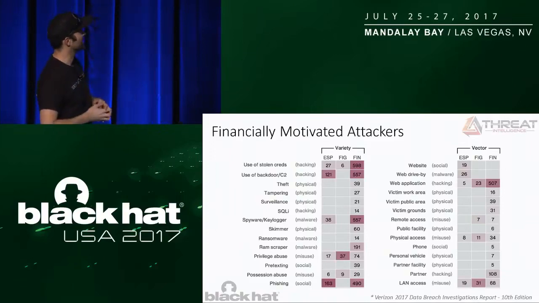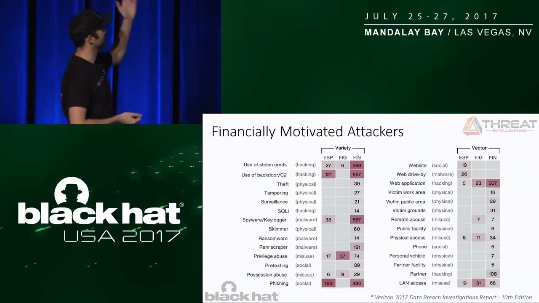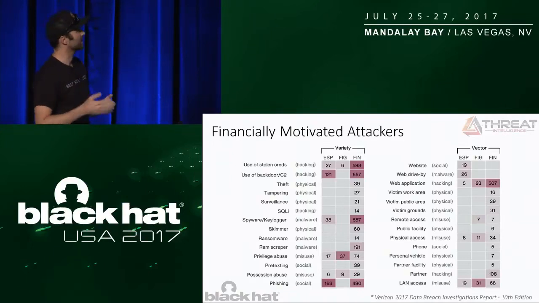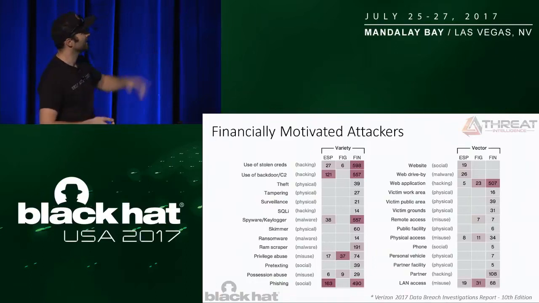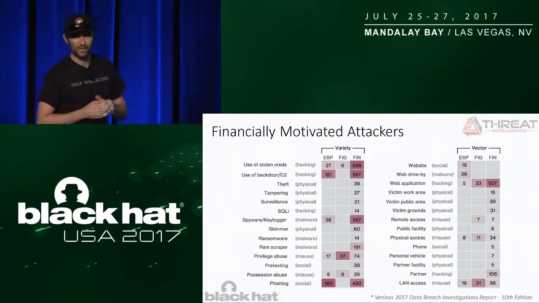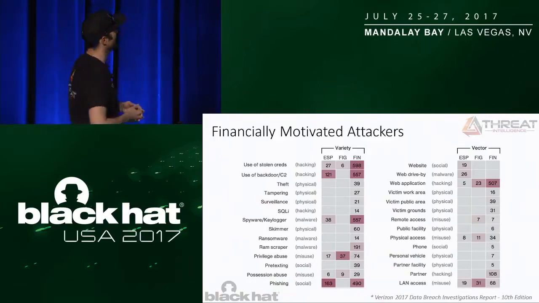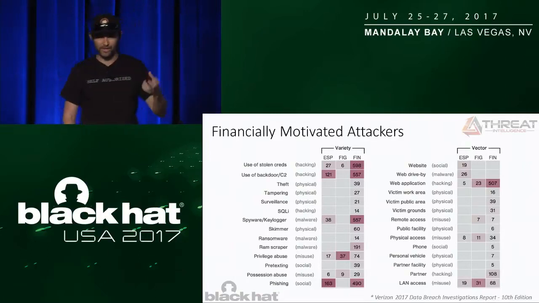But the interesting ones, for us anyway for this talk, is the use of backdoors / command and control. You can see on the right-hand side under the fin column, there's 557. The red ones there are really the high numbers. That's typically related to things like your malware and also, down the bottom there, phishing. So we're combining it with your client-side attacks and your command and control.